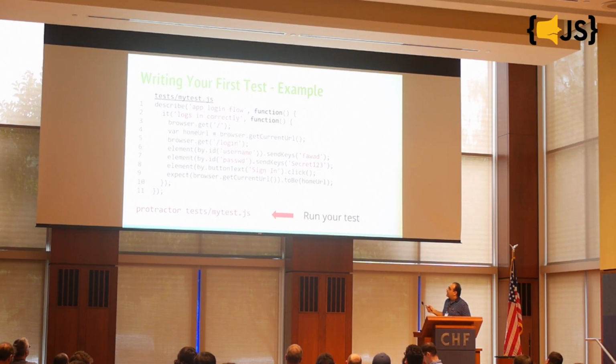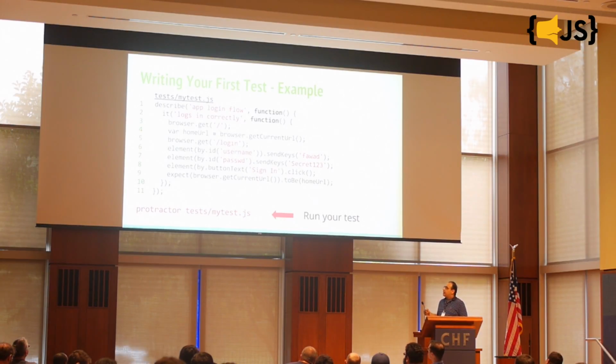In line number 8, I'm simulating a mouse click. And in line number 9, that's where I'm actually making an assertion. I'm expecting the browser URL to match the home URL after I have clicked the login button.